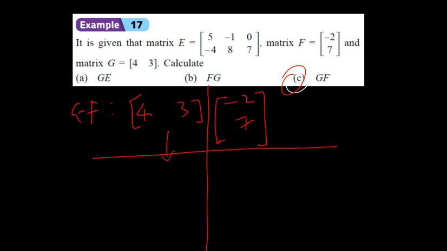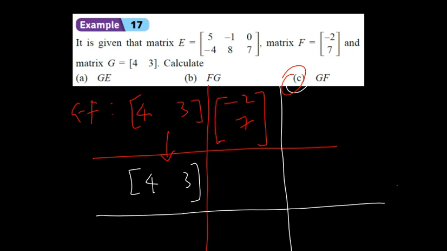This one you write back 4, 3, and this one just make the table. Your answer is what? Can you predict? This one is 1 by 2. This one is 2 by 1.